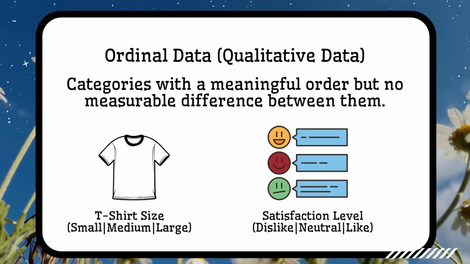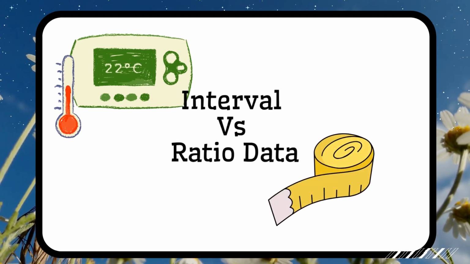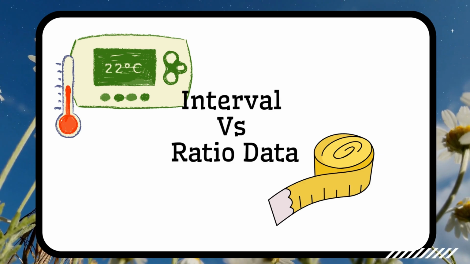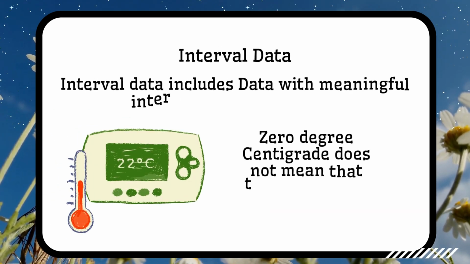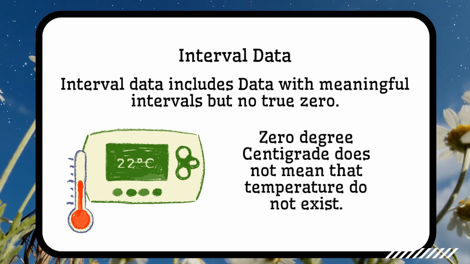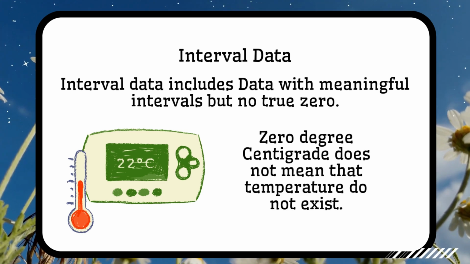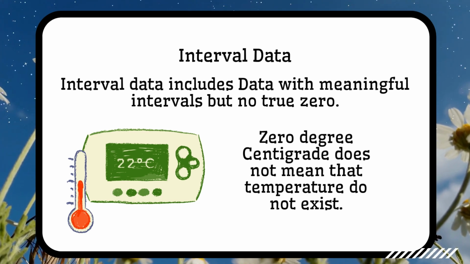There are some advanced classifications like interval and ratio. So interval data includes data with meaningful intervals but no true zero. That means if the data has value 0, that does not mean the quantity does not exist. For example, if temperature is 0 degrees Celsius, 0 degrees Celsius does not mean no temperature.